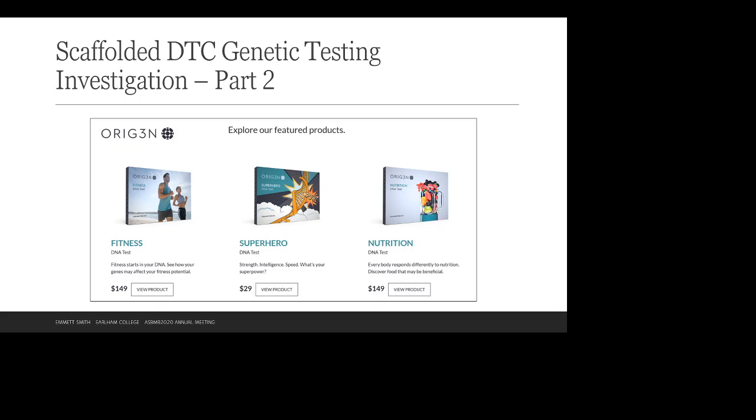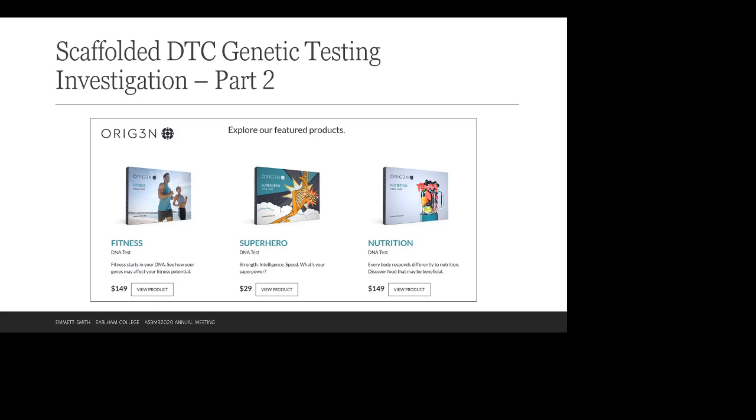Is this really legitimate? And I asked them to go and pick a very particular gene that's tested in one of these tests and try and find primary literature on that specific gene to either show that these tests are valid or show that these tests are maybe a bit of a stretch, right? And the students also enjoy that.